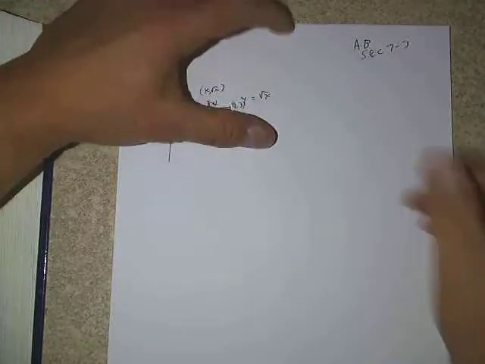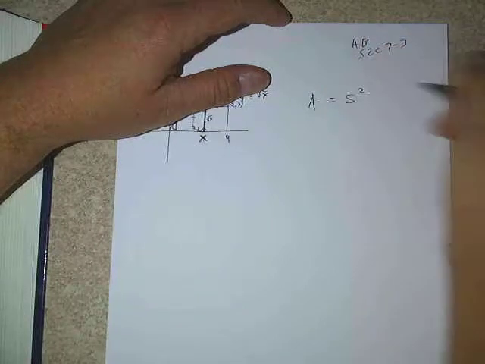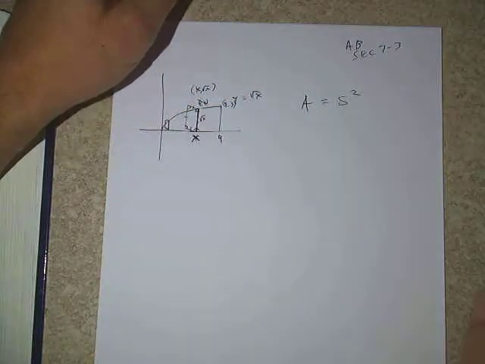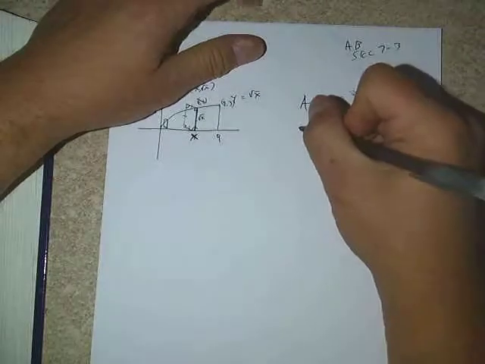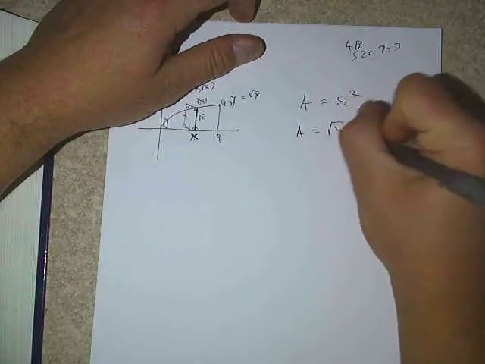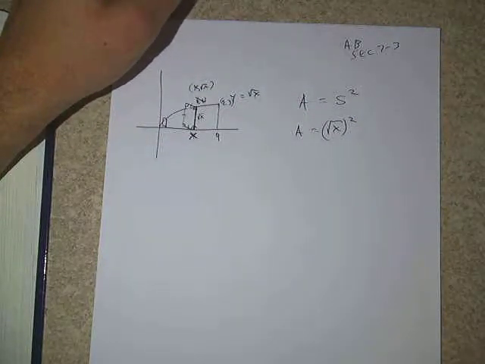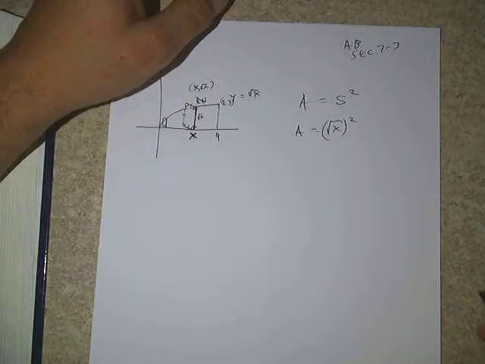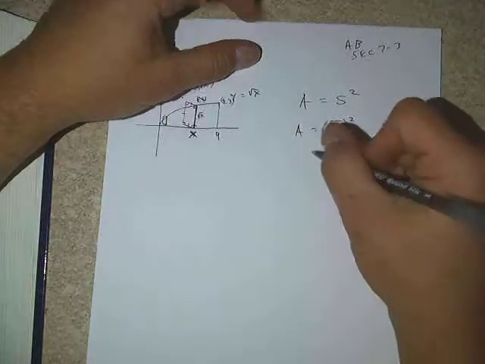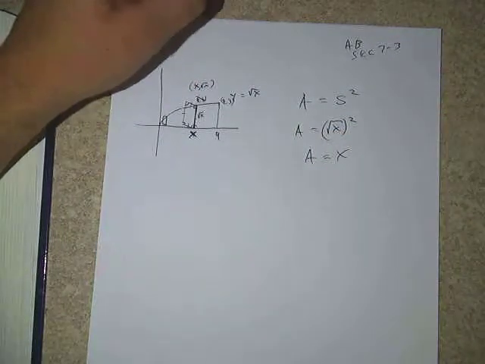Now, if that's radical x, then what are the other three dimensions? The radical x, this thing's a square, true? So, again, start out with a general formula. We know that the area of a square is s squared. True? So what is our area then of our square? It's radical x squared, because what is our length of side in this thing?